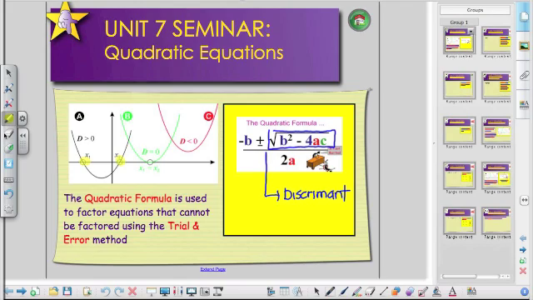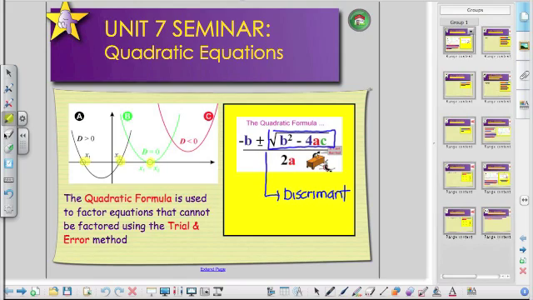When d is equal to 0, that means we have two equal real roots. That means there's only one x-intercept. And when d is less than 0, there are no x-intercepts, and your graph is kind of floating in midair. Those were the three situations we learned about last year.